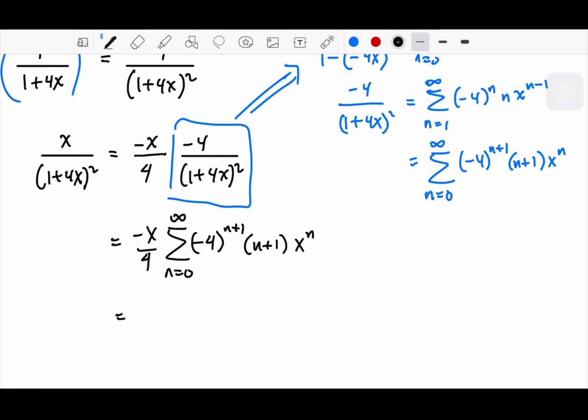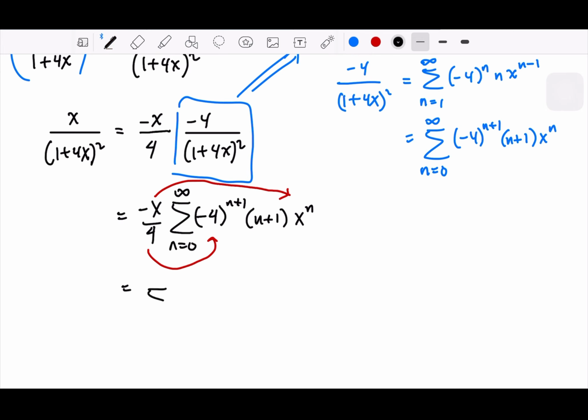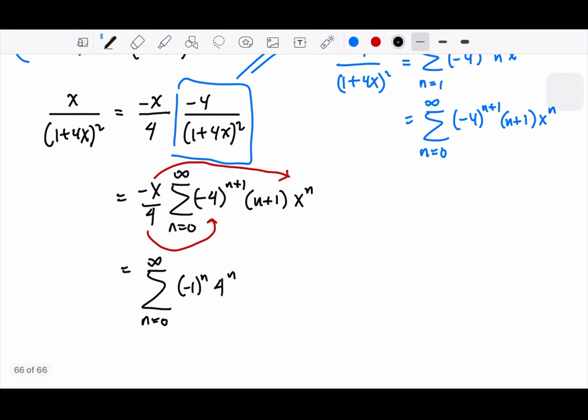Or maybe we can integrate, multiply x inside, and 4 with the other 4 also. So we will have the sum, so this will be 4 with power of n, and then n plus 1, and then x^(n+1).